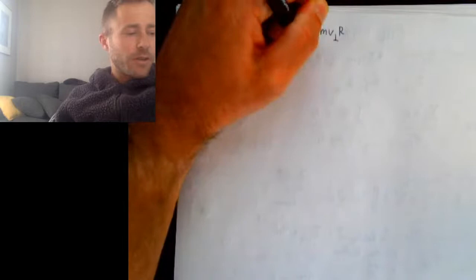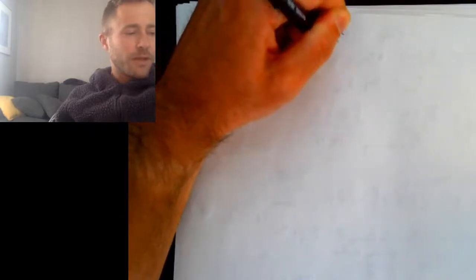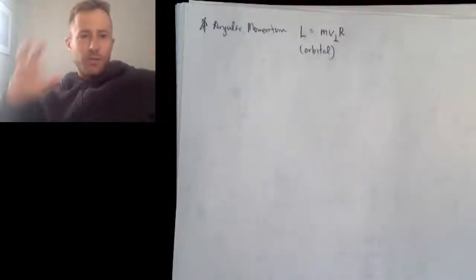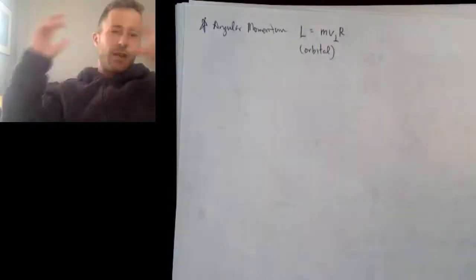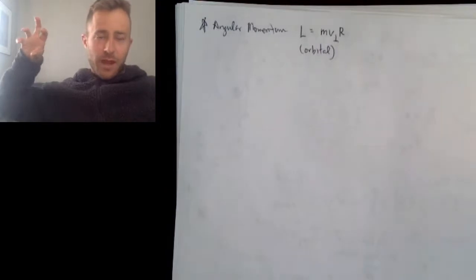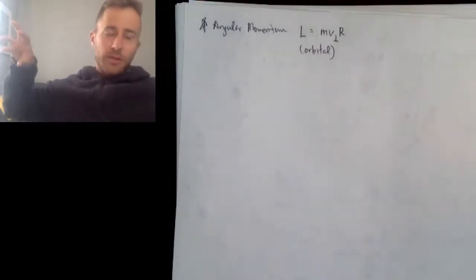I like to call that the orbital angular momentum. That's like the angular momentum of a tether ball, a blob that is going around a pole. The Earth has orbital angular momentum. That's the angular momentum associated with its velocity around the sun.